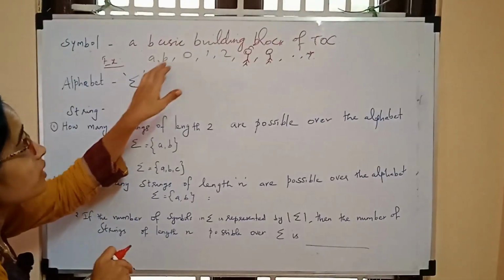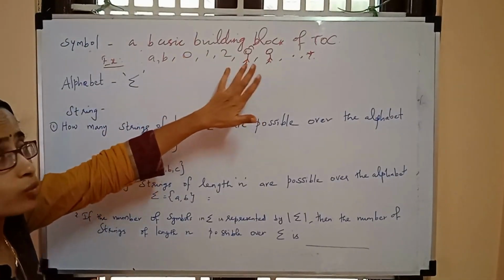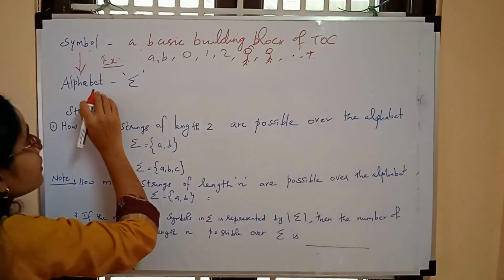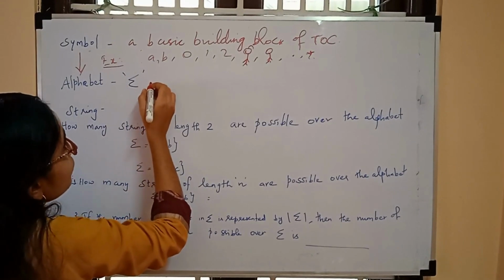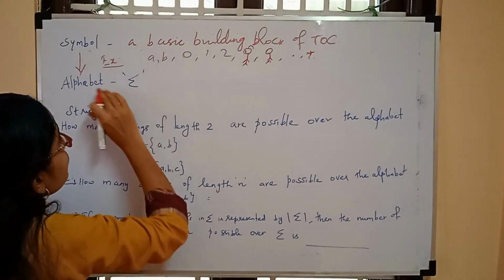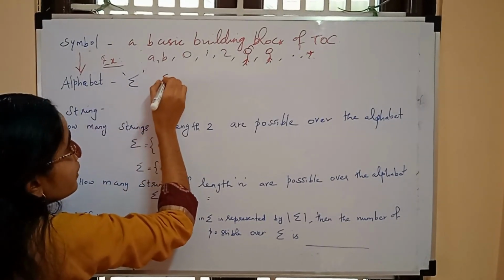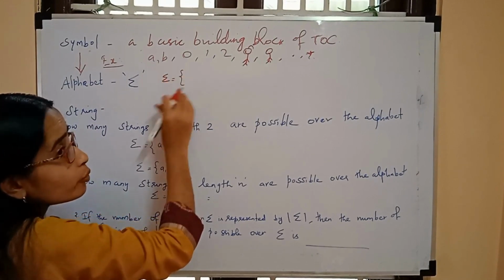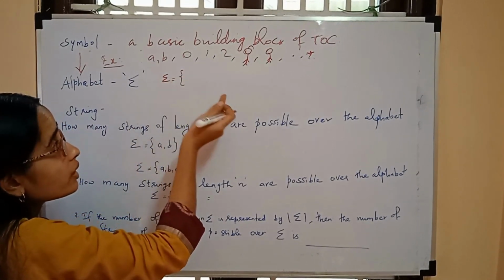So symbol is the basic building block of TOC, and from the symbol you form the alphabet, which is represented as sigma. So what is the alphabet? When I say sigma, this will be the input alphabet, the input set for the given model.